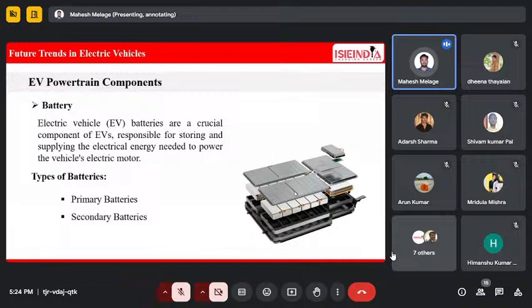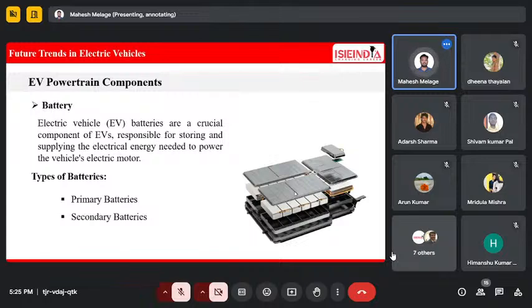The next type is the secondary battery. A secondary battery is used many times. Means you charge, use, after discharge, then again charge, again use. It is like a mobile battery. A mobile can be fully charged using the charger, then the battery goes to 100%.